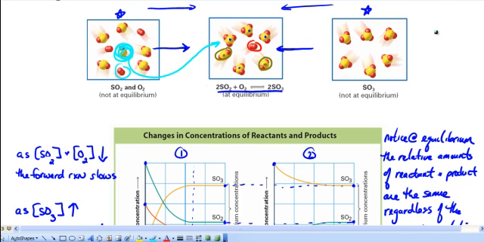At equilibrium, the numbers of particles are not going to change. However, what can happen is that this sulfur trioxide turns back into oxygen and sulfur dioxide, and a different set of SO2 and O2 turn into the sulfur trioxide. So the actual numbers are not changing, but the individuals are.